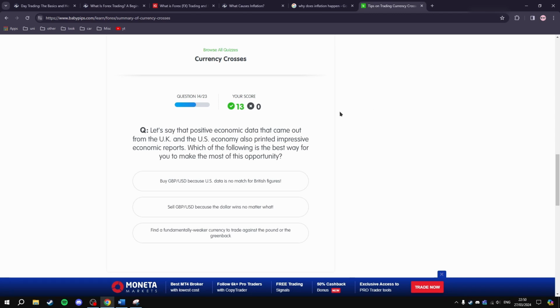Which of the following is the best way for you to make the most of this opportunity? Buy GBP USD because US data is no match for British figures. Sell GBP USD because the dollar wins no matter what. Find a fundamentally weaker currency to trade against the pound or the greenback. Yep.